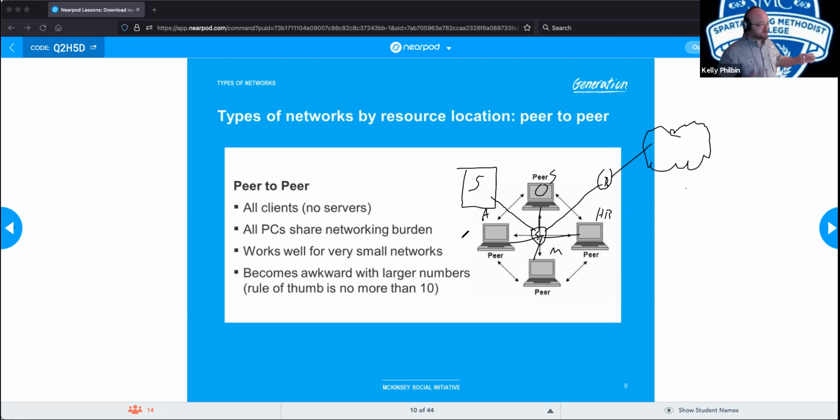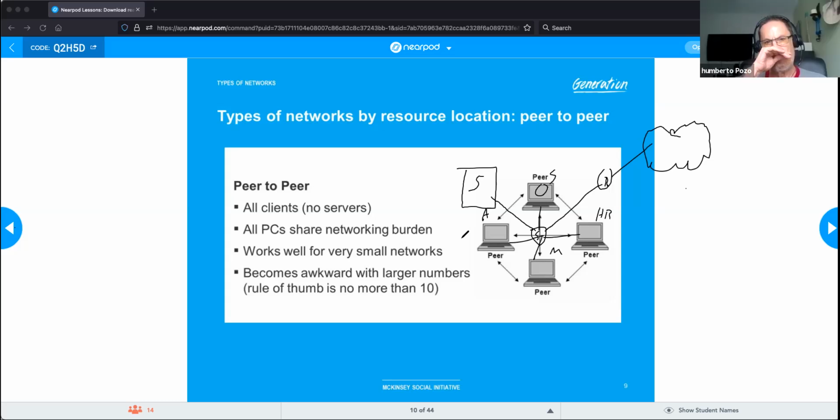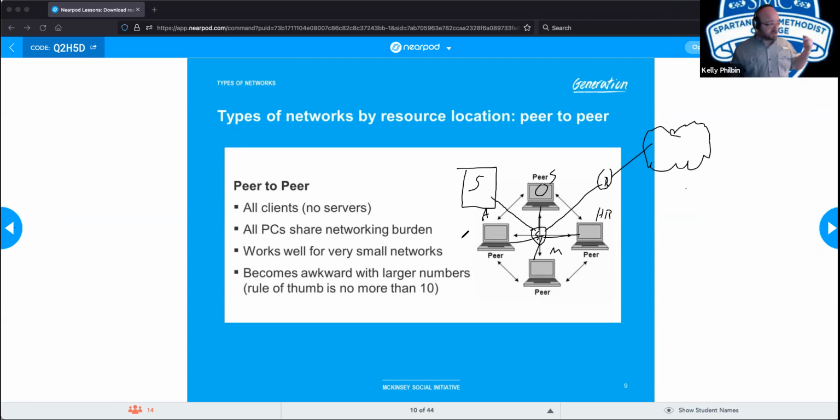Yes. So each person would be responsible for organizing their own files, and they would have to grant you access to them. So it's two ways. You would have to know how they're storing it. You would also have to be allowed access to see it. But we will get into file permissions and stuff at a later time.